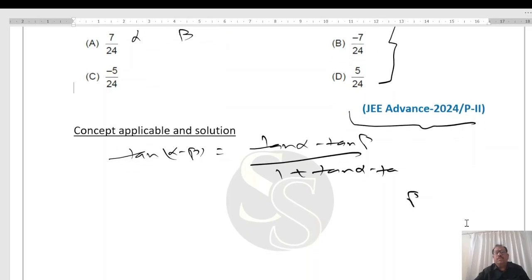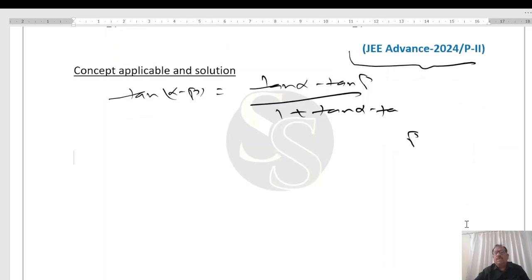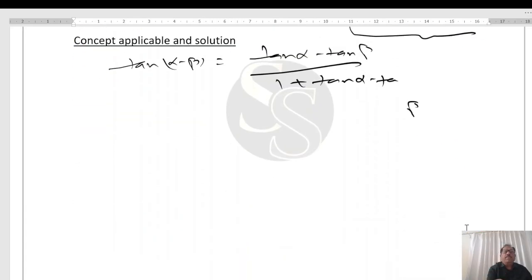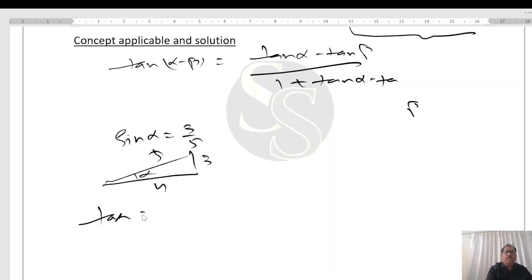Now next target is to find the value of tan. So this was sine alpha. Sine alpha is 3 by 5. Alpha, 3, 5, 4. So tan of alpha is 3 by 4.